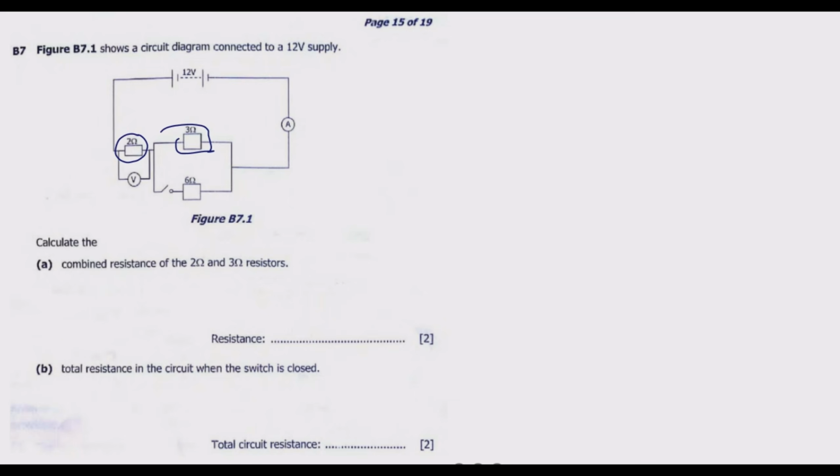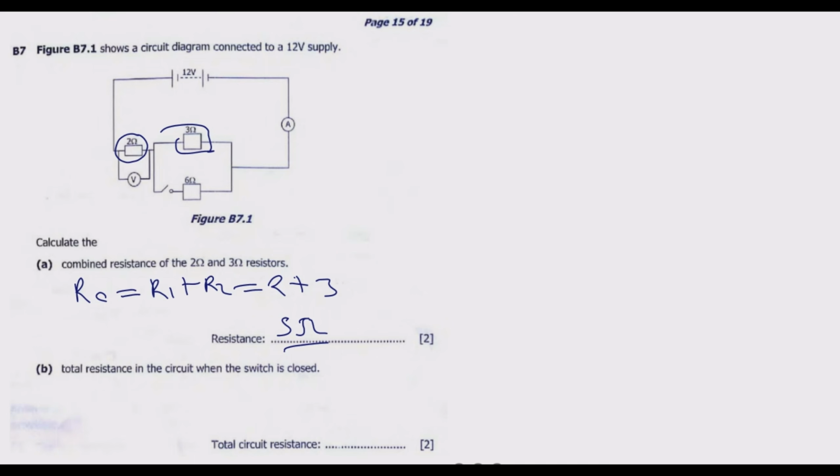So to find the combined resistance, you just add resistor 1 plus resistor 2, which is 2 plus 3, which is 5 ohms. So 5 ohms is the combined resistance of this circuit before it is closed.